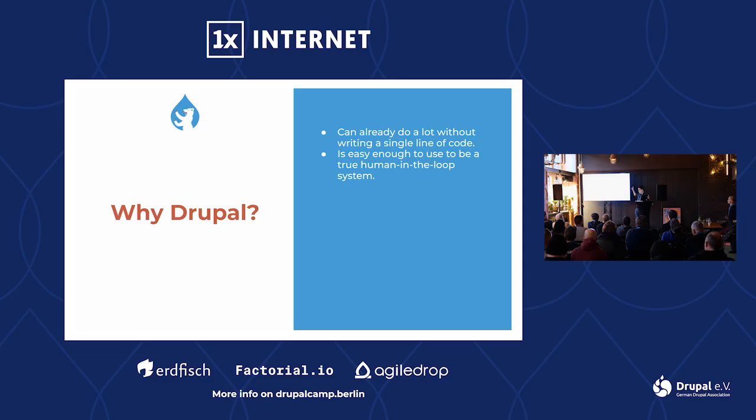And that makes it easy enough to do one of the things that Dries talked about when it comes to responsible AI, and that's to have a human in the loop. Because if you can verify everything via GUI, a person that doesn't know coding can also be the human in the loop. Because if you have an AI that creates code, only developers will be able to understand this.